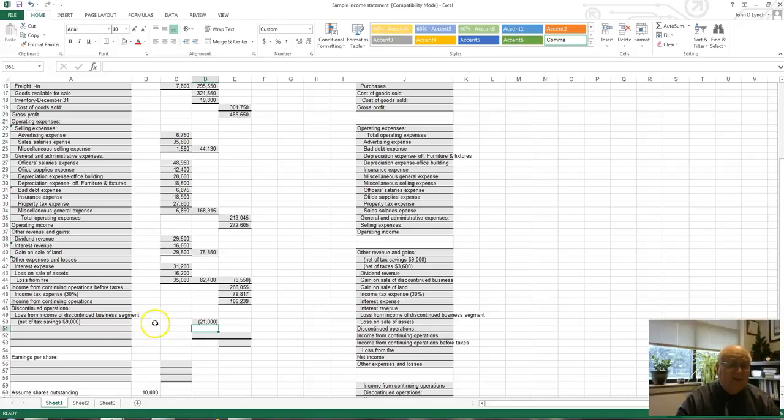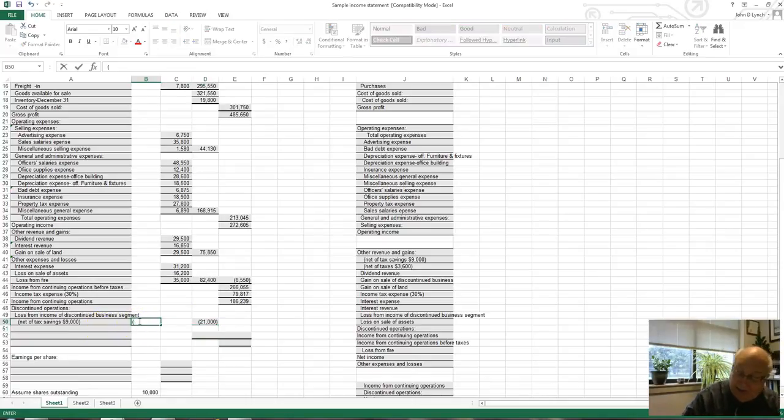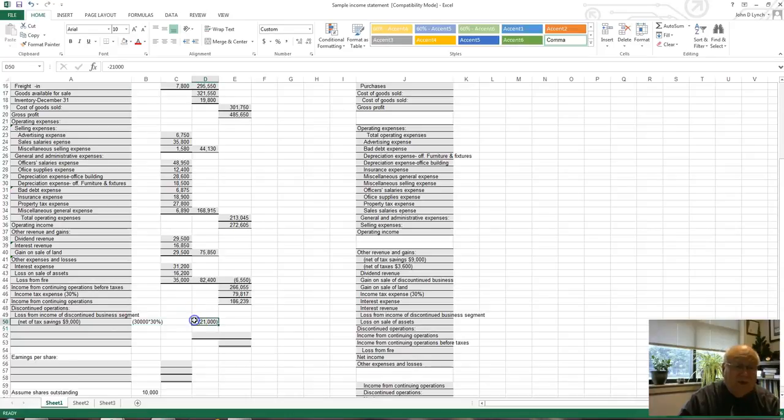So we take 30,000, which is where we're assuming our loss is going to be, times 30%, and I'll put that right here so you can see it. So we take the 30,000 times the 30%, and that gives us our $9,000. That's our tax savings because that will reduce your taxes by that amount. So the loss that we'll report will be $21,000.